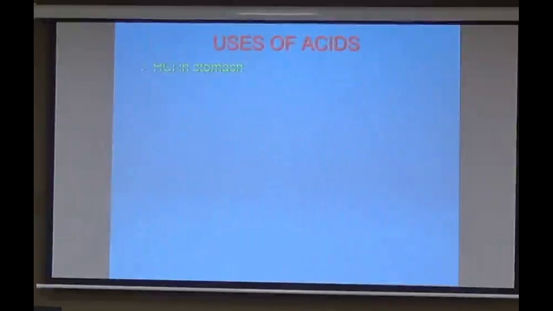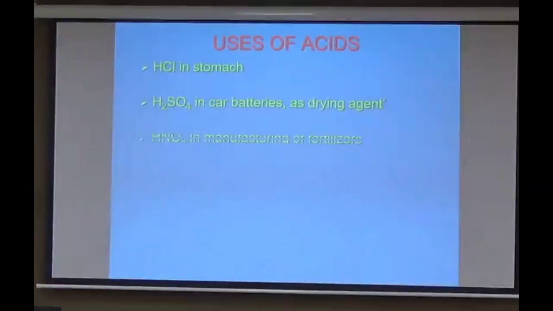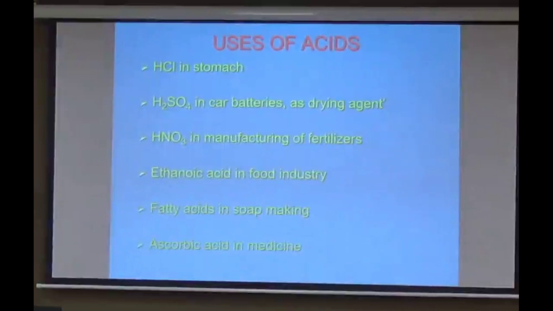Now let us see this slide, which identifies some uses of acids, that is the applications in our daily lives. We all know HCl is found in stomach. It helps in digestion of food. Then sulfuric acid is present in car batteries as drying agent. Then nitric acid is used in manufacture of fertilizers. Similarly, ethanoic acid is used in food industry.